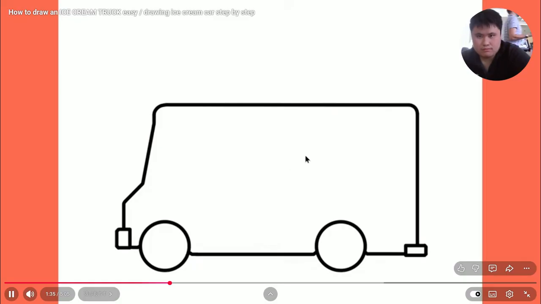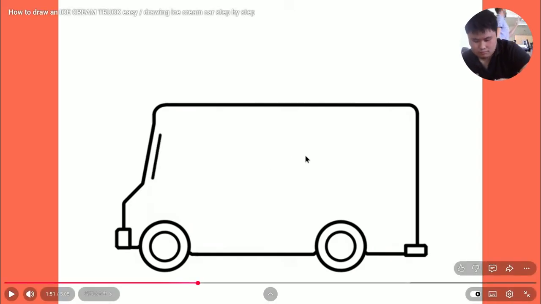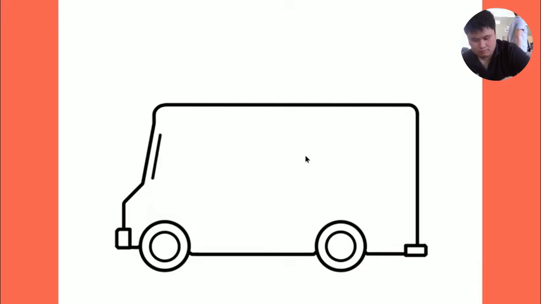Oftentimes, for example, with cameras nowadays, when you have somebody standing against the window, like today, if I put somebody up against this window to take a photo of them, what would that person look like on the camera? They would look all dark.